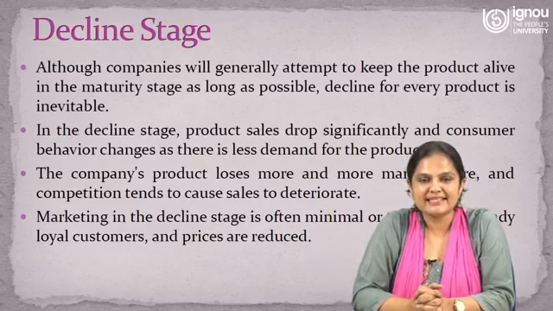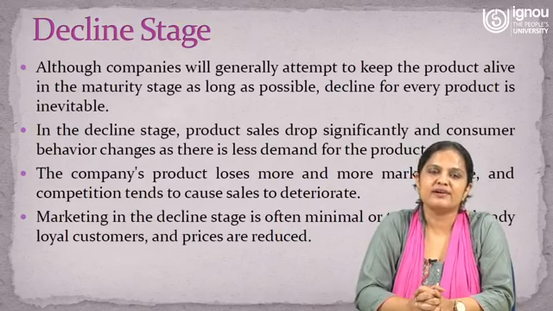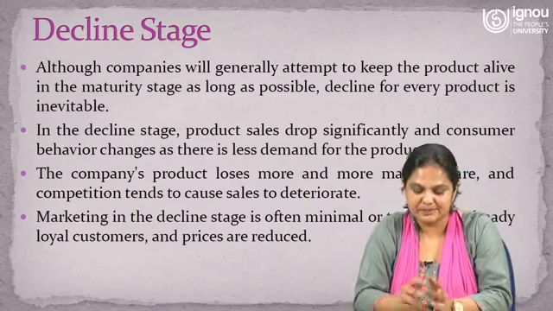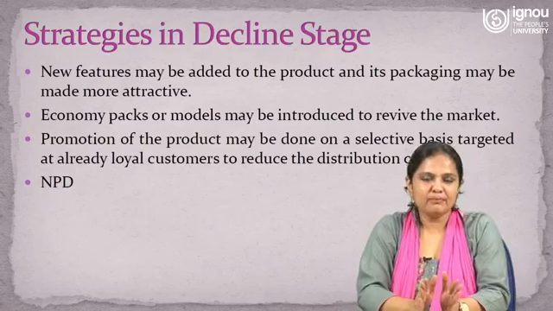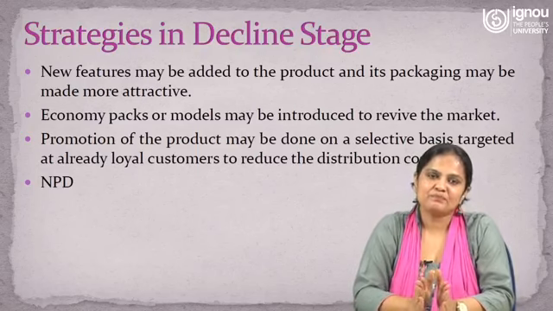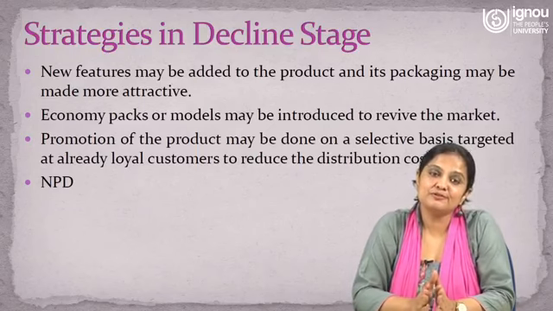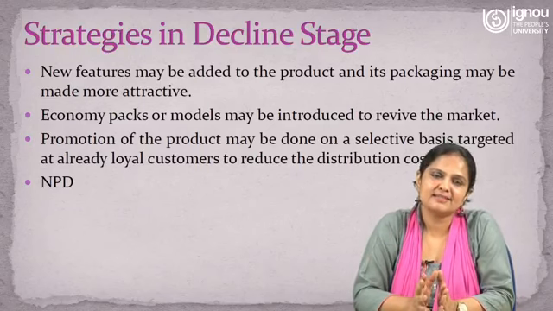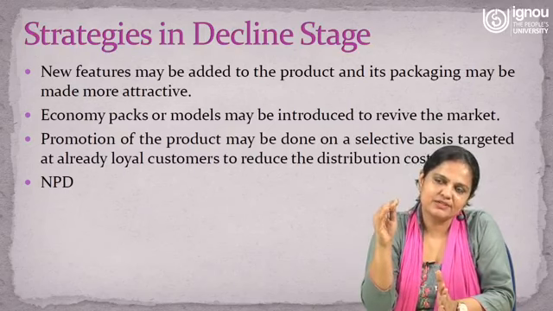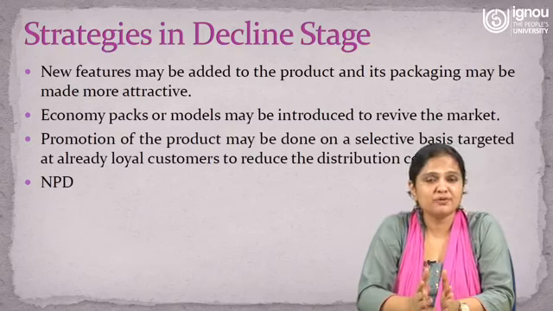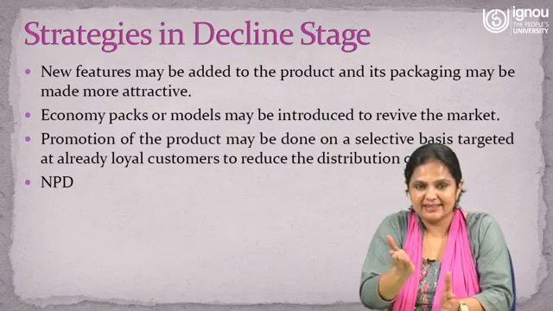Marketing in the decline stage is often minimal or targeted at already loyal customers, and prices are reduced. What are the strategies which are used? You do not make much effort on promotional activities if you see that there is not much potential available for this particular kind of product. So that expense also you drop. New features maybe you can add if you want to extend even this decline stage.